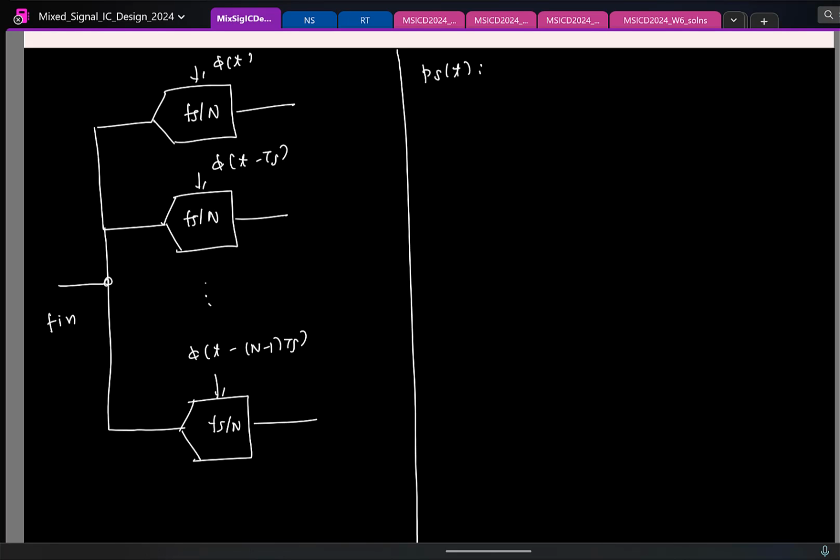And what is the time period of the impulse train for this fellow? N times ts, fine. So the impulses will be located at what frequencies? 0, fs by n, 2 fs by n, and so on, right? So essentially k times fs by n, fine. Now if I feed in a sinusoid at f in, it is going to get convolved with all of these. So where all will I see the tones here?